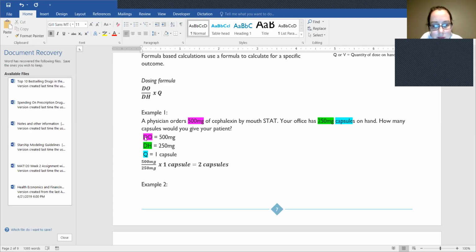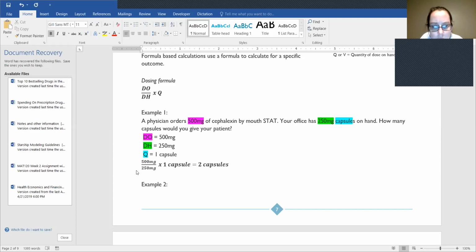Well, that goes in DO, right up here on this part of the equation. So you look on the bottle and you've got 250 milligram capsules. So this is the dose on hand, and this is the vehicle, or Q, whatever you want to call it. So that DH goes here and Q becomes capsule.